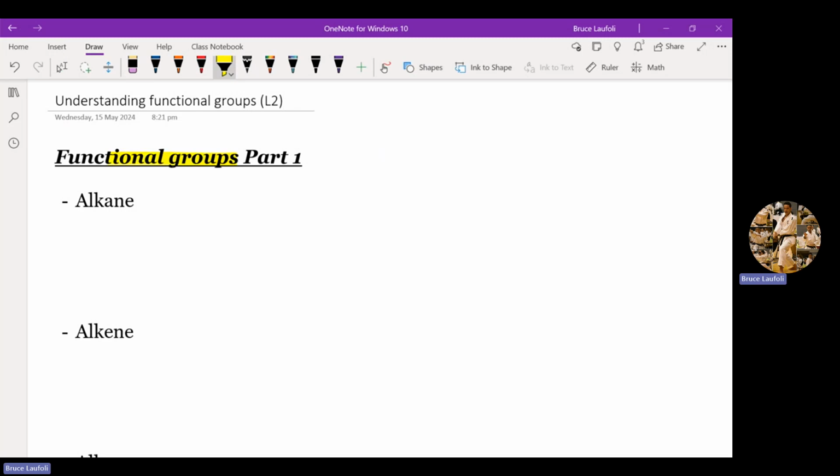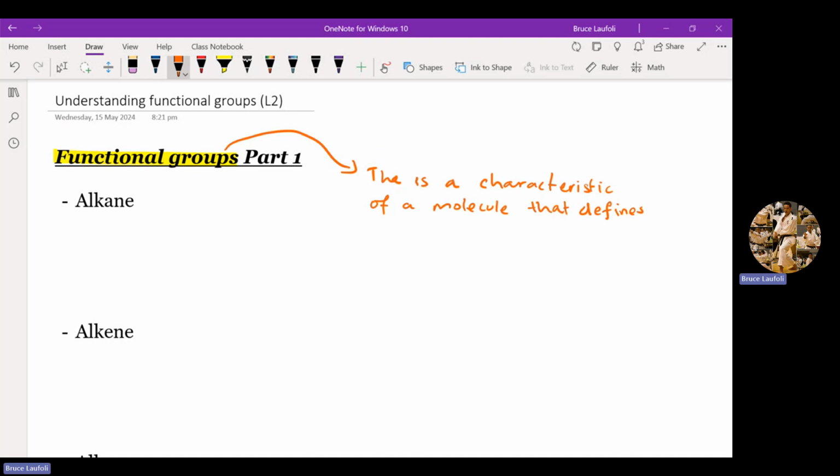Understanding functional groups. So what is a functional group? A functional group essentially is a characteristic of a molecule that defines or that gives that molecule its chemical and physical properties, because that's what functional means, right?